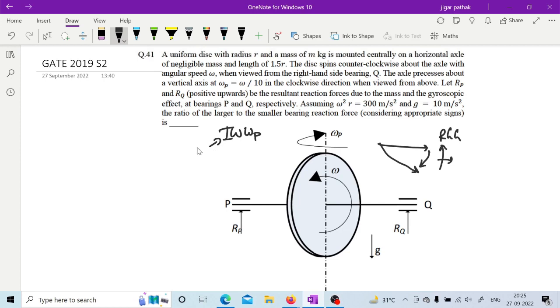Now I is mr square by 2 here for the rotating disc. Omega is given as omega only, and omega p is given as omega by 10.